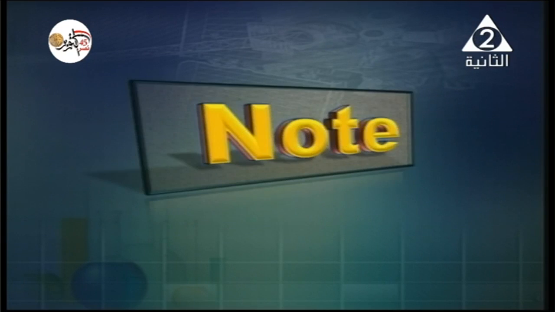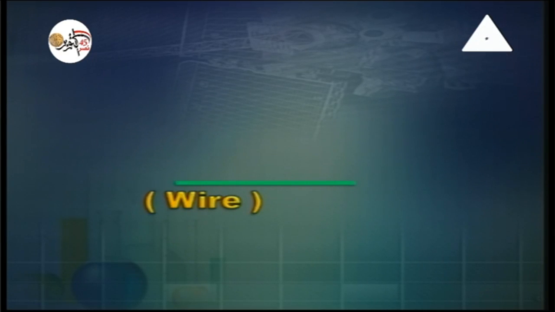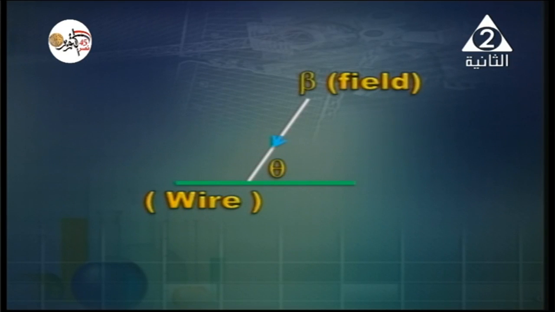Your attention please, we've got something here to add. When the wire makes an angle theta with the field, the relation used will be F is equal to BIL sine theta. In front of you, we've got a wire and a field that makes an angle theta.